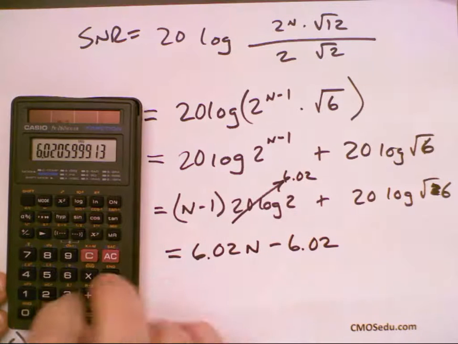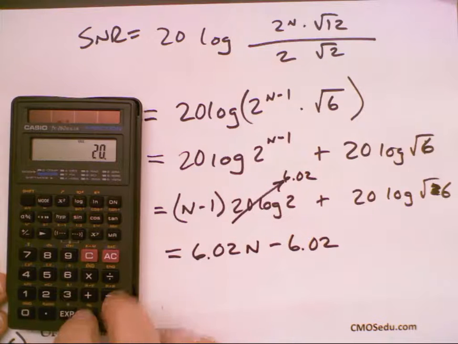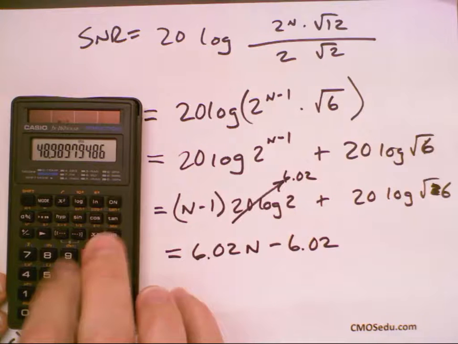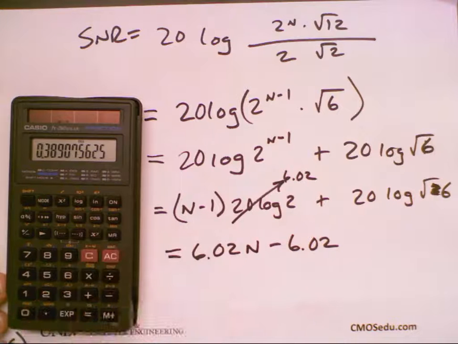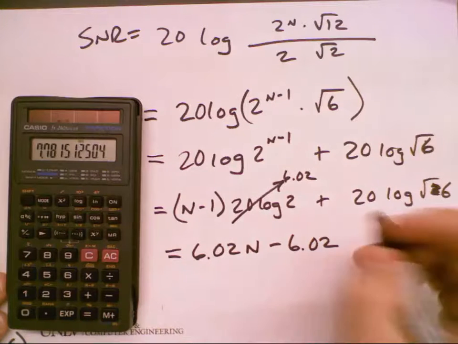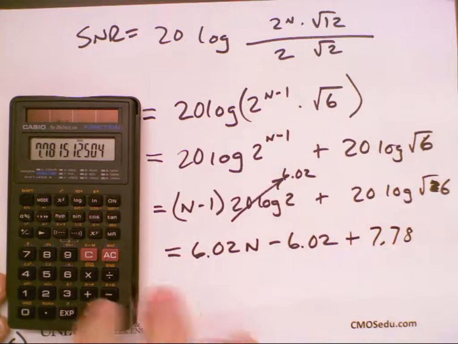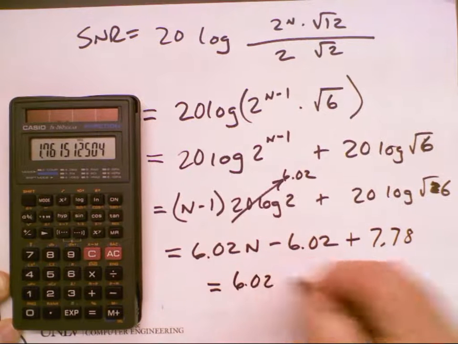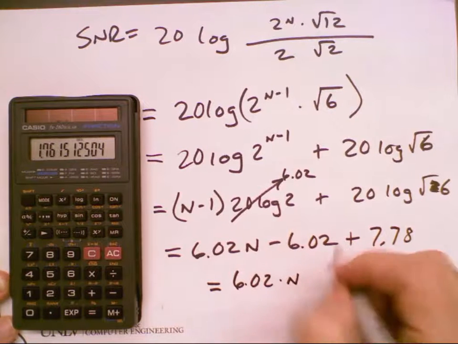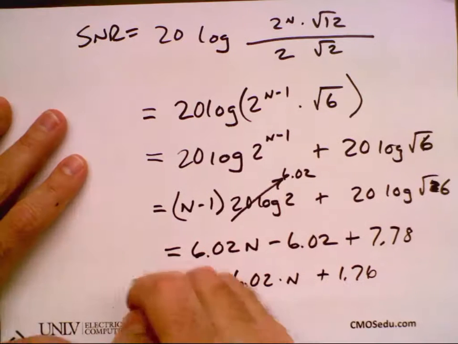And then 20 log of the square root of 6 equals 7.78, and good enough, and 7.78 minus 6.02 equals 1.76. Okay, so this is my SNR.